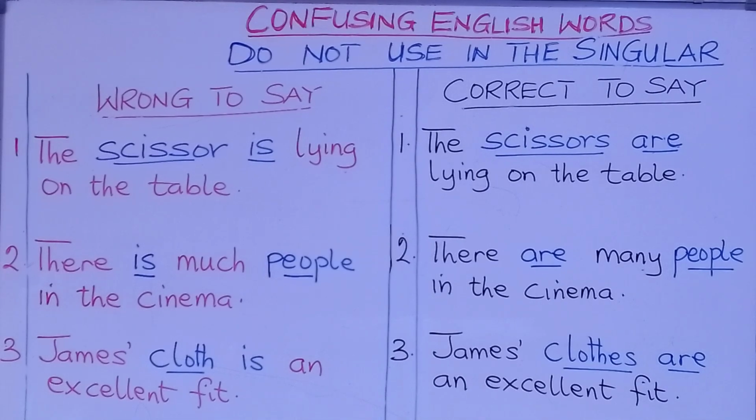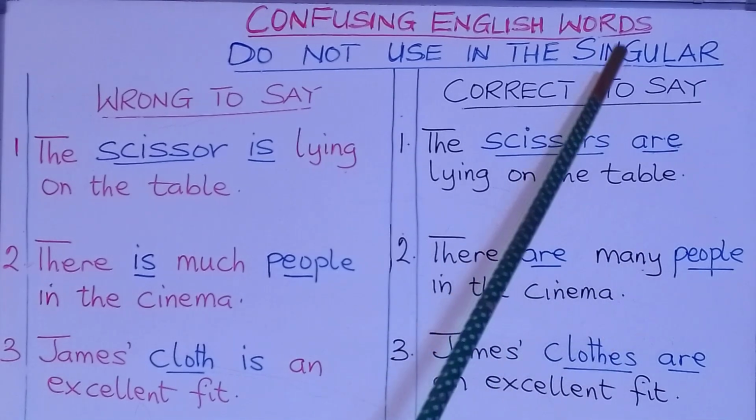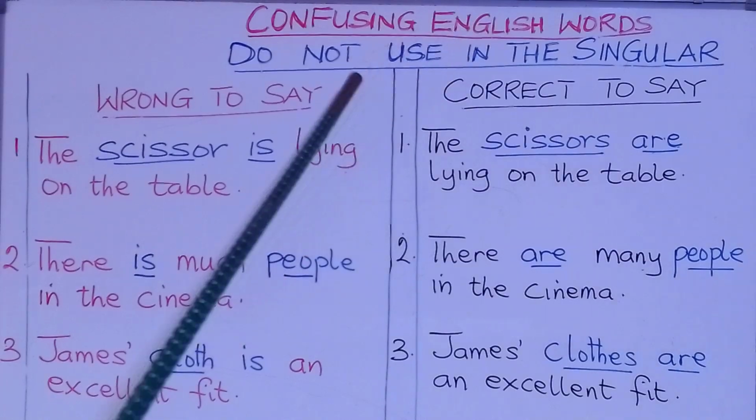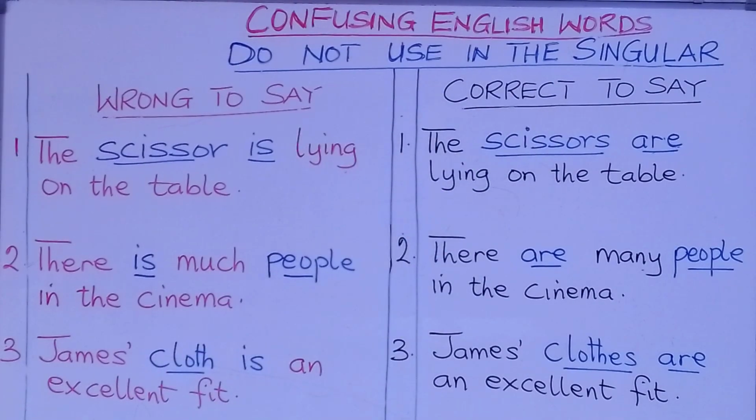Now, people. We also use people in the plural form, not in the singular form. This word people, we don't use that in the singular form, because we are looking at words that we do not use in the singular form.